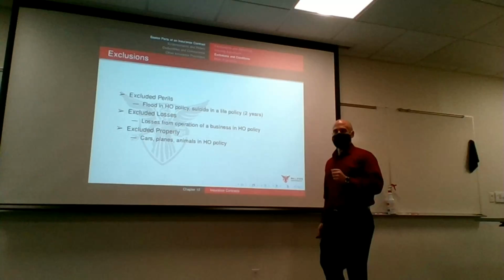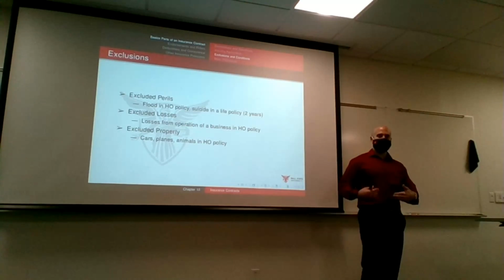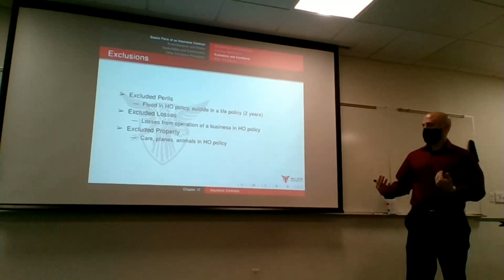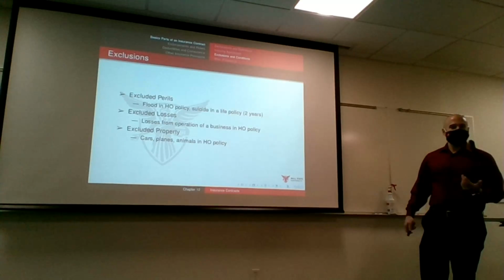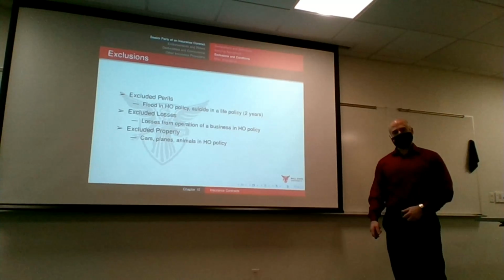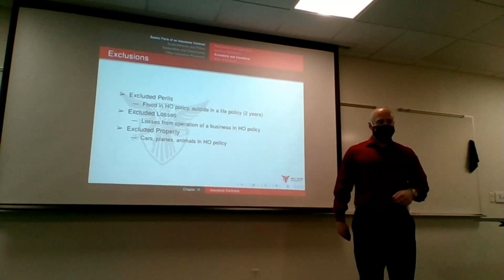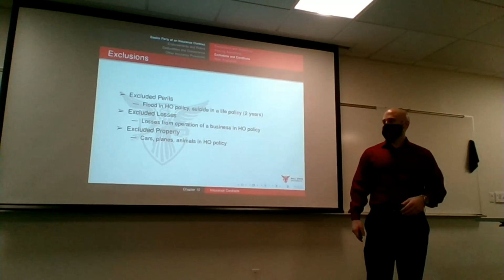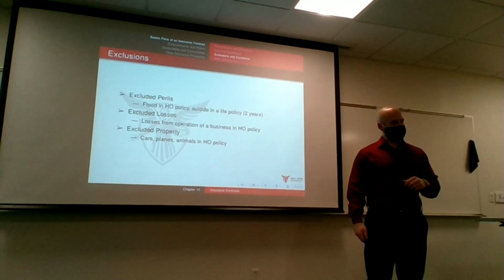So that would be a peril, but there can also be excluded losses and property. Excluded losses here, business income insurance on your homeowner's policy. If you're running a business out of your home, the homeowner's policy is not going to cover much, if any, of the losses due to that business.